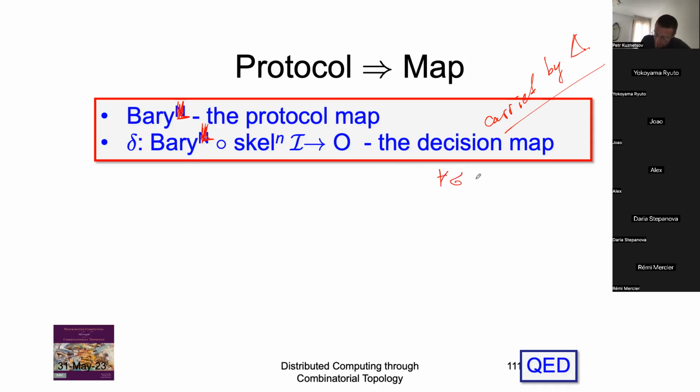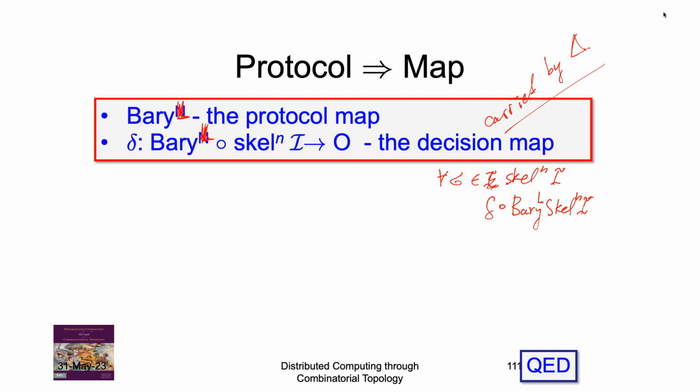It means that for any simplex in I, delta composed with the barycentric subdivision of, I should say, skeleton M, F_i, because we only deal with n process systems, of the barycentric subdivision of skeleton of degree L, skeleton N of I, to, sorry, just one second, applied on sigma.